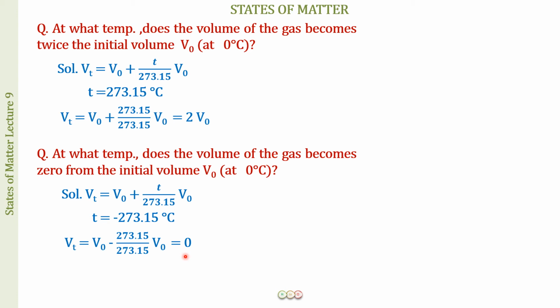Isn't this very interesting? We are just keeping on decreasing the temperature, and we are saying the volume is going to become zero. Can the volume of the gas become zero? Where are the atoms and the molecules going to be gone? They cannot go somewhere, right? I hope you can understand this, that the volume of the gas molecules and atoms may be quite negligible as compared to the volume of the container, but they cannot vanish anywhere.